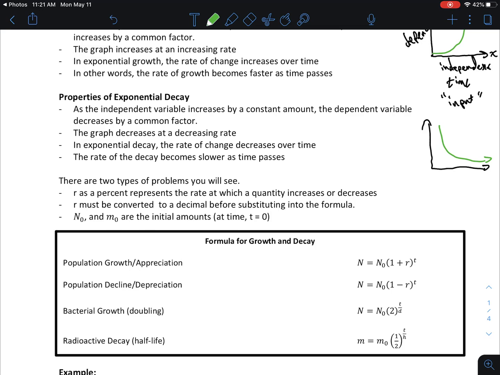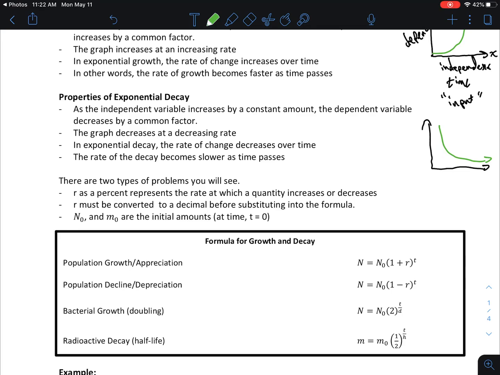So we have two kinds of questions that we're going to see, and from that we're able to answer different kinds of questions. We're going to see growth questions and decay questions, and sometimes things have a science aspect. Things behave in a way that you've heard of half-life, hopefully, in your science classes, or a doubling rate.